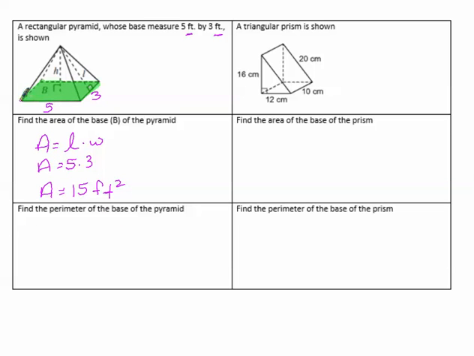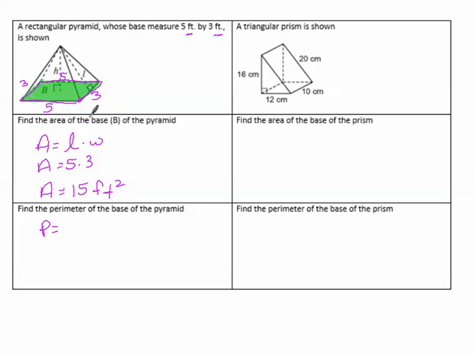Well, I'm thinking I want to put a nice fence up around this. Okay? I want to fence this in. Well, I need all 4 sides. So across from this 3 is another 3. Across from this 5 is another 5. So perimeter is, I'm just going to start somewhere and I'm just going to add up all 4 sides together. Okay?